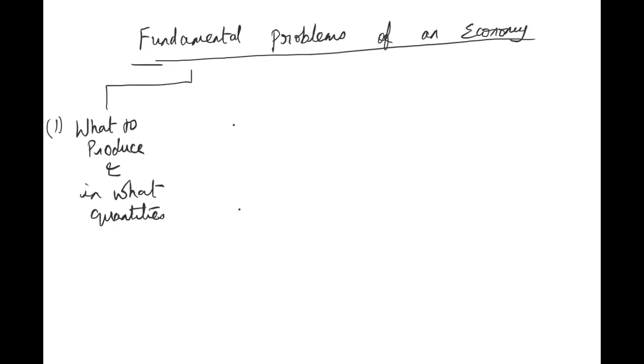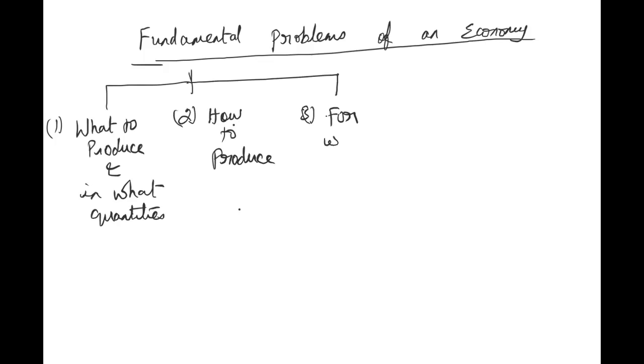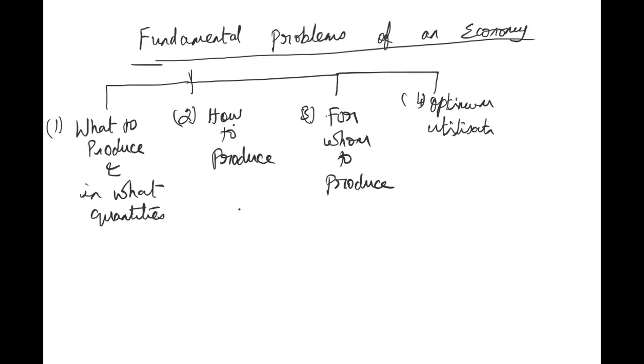The second problem is how to produce. The third problem is for whom to produce. The fourth problem is: is there optimum utilization of resources in the country?